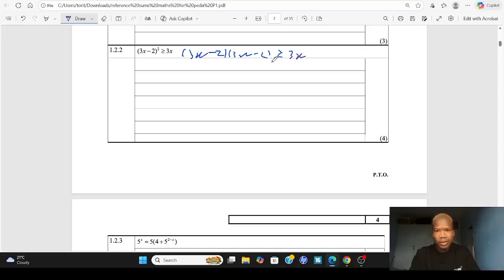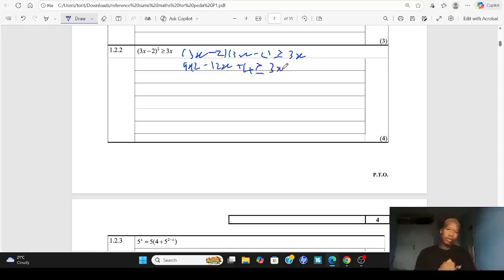So if we expand this whole thing, we're going to have 9x squared minus 12x plus 4, which is greater than or equal to 3x.